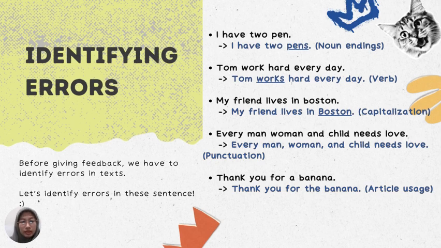You must give two commas in here, and the last sentence is the article usage. In this A, you should change it to the. So I hope you guys understand what I've been explaining to you.